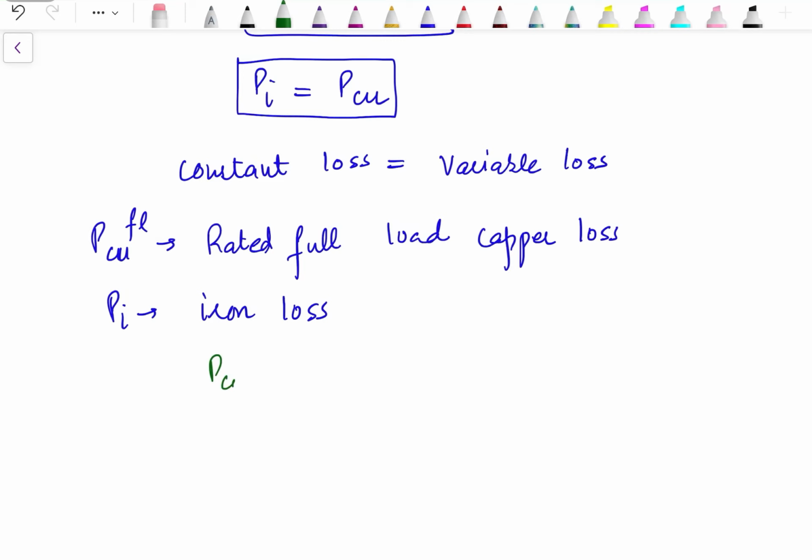So PCUFL will be equal to I2 full load square into RE2. I2FL means full load rated current of the secondary side, and PCU, that we know is I2 square into RE2.